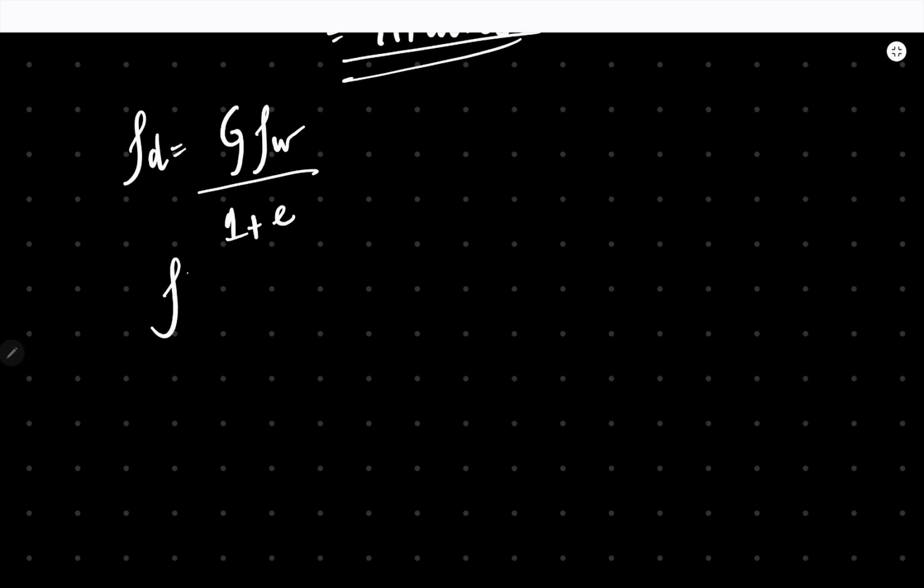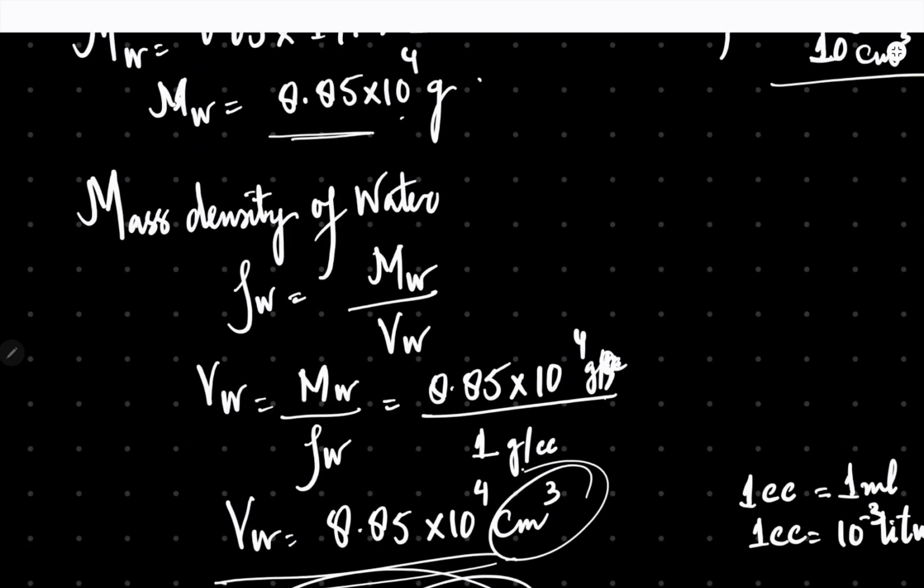Alright, now we know the dry density. I'm using the alternate equation for dry density so that I can compute my E. So dry density, as we have already calculated, it is how much? It is 1.77. G is 2.68 as given in the question data.